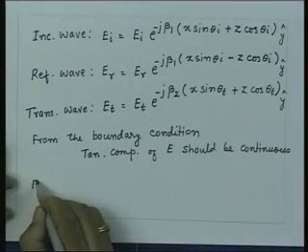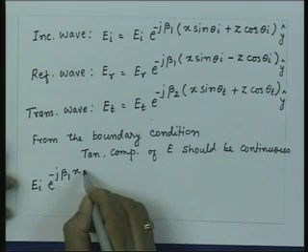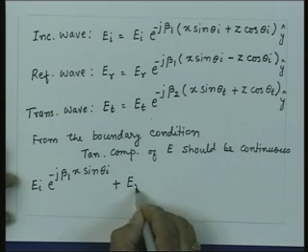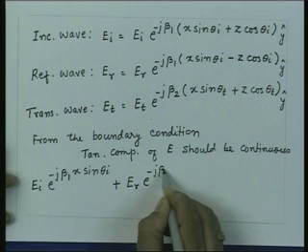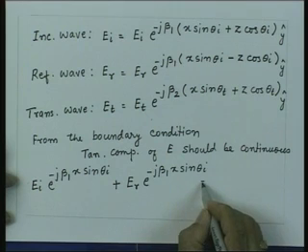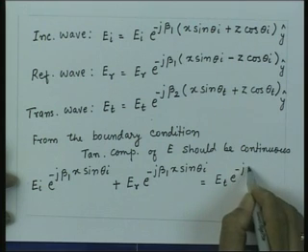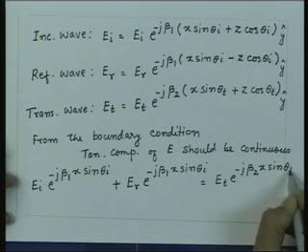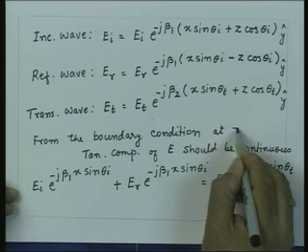So, I get from here EI e to the power minus j beta 1 x sin theta I plus ER e to the power minus j beta 1 x sin theta I, that is equal to Et e to the power minus j beta 2 x sin theta t. So, this is the boundary condition at z equal to 0.